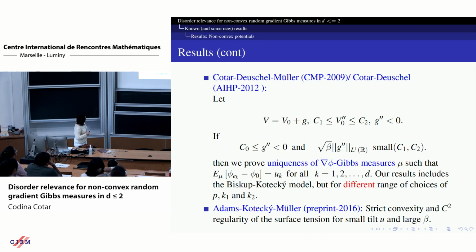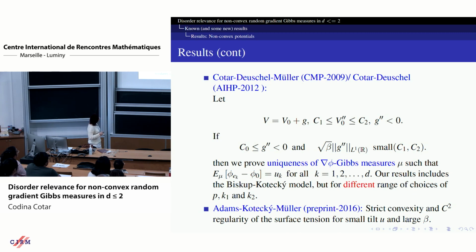What kind of results do we have? In joint work with Jean-Dominique Deuschel and Stefan Müller, and then in another paper with Jean-Dominique Deuschel, we looked at some non-convex potentials. So we have a convex part plus some non-convex perturbations. The non-convex perturbation can be quite big, as long as it behaves nicely in some LP norm. So it doesn't just have to be the L1 norm.